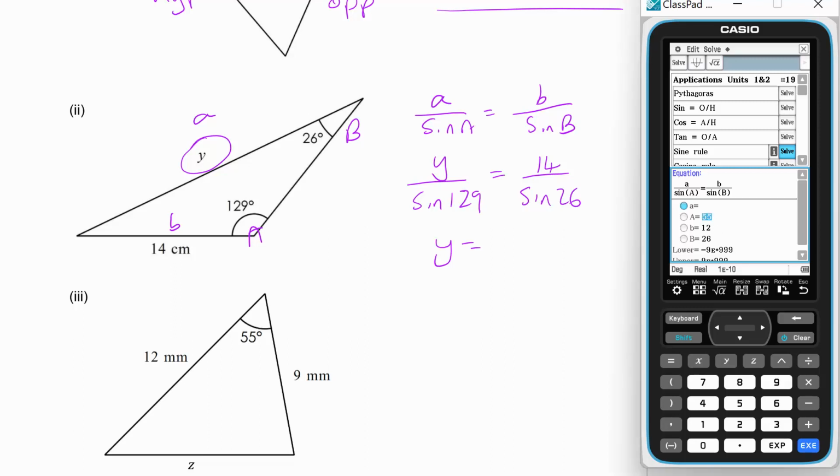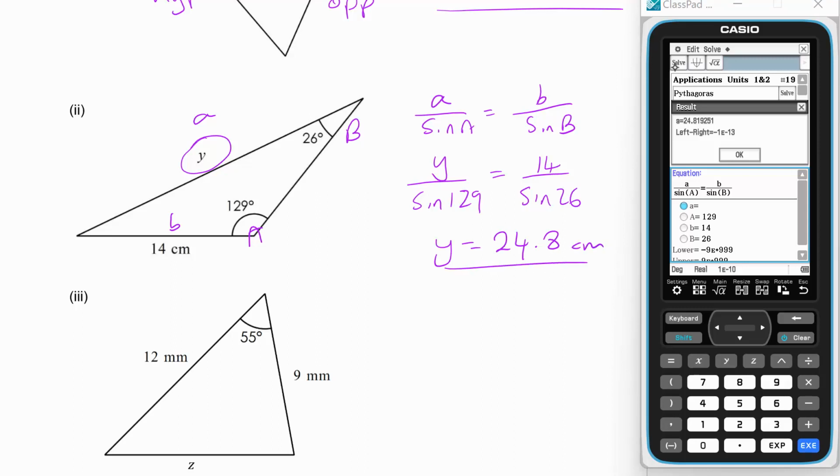Our A is 129. Make sure we're in degrees. B is 14. And big B is 26. And we'll just solve that. And it's 24.8. And again, that is centimeters.